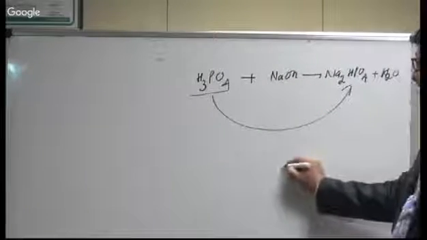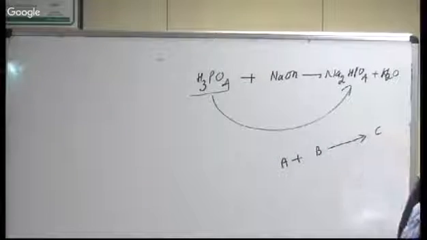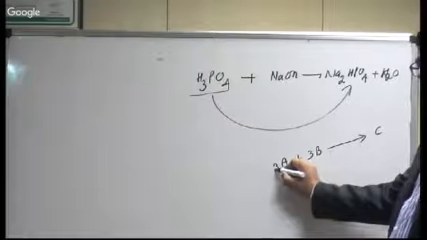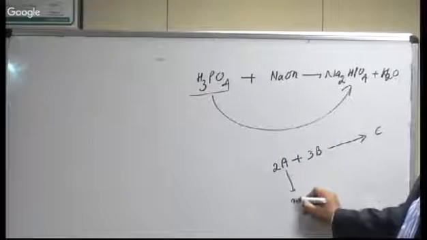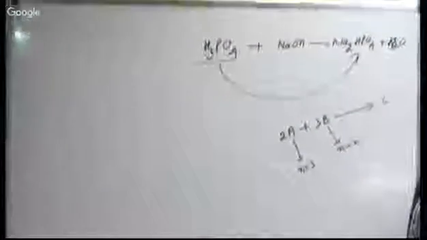How do you define N factor in all these reactions? Let's say A reacts with B to give C. इसका कोफिशिएंट 3 है, इसका कोफिशिएंट 2 है. A का N फैक्टर होगा 3, B का N फैक्टर होगा 2. Clear?